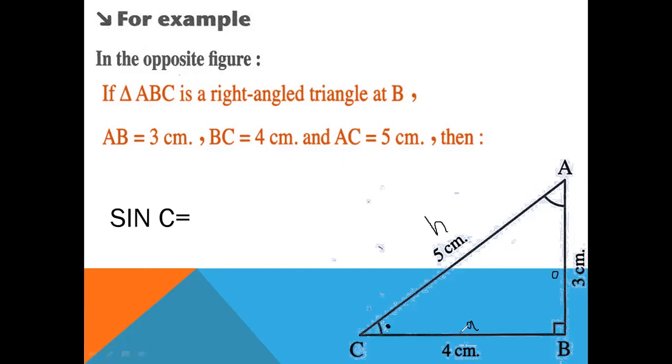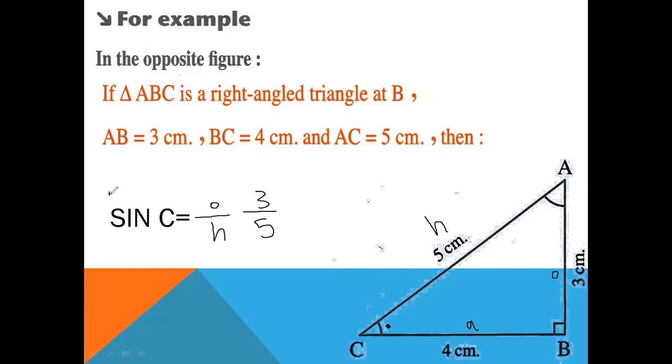Sine means opposite over hypotenuse. Opposite equals 3 and hypotenuse equals 5. So the answer is 3 over 5.